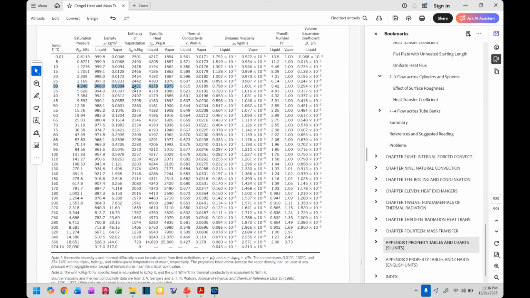And then we have the thermal conductivity is 0.615. And then we have the dynamic viscosity mu as 0.798 times 10 to the minus 3. Don't miss this multiplication of 10 to the negative third power. And then the Prandtl number is here, 5.42. So everything's there. You just need to extract the information.